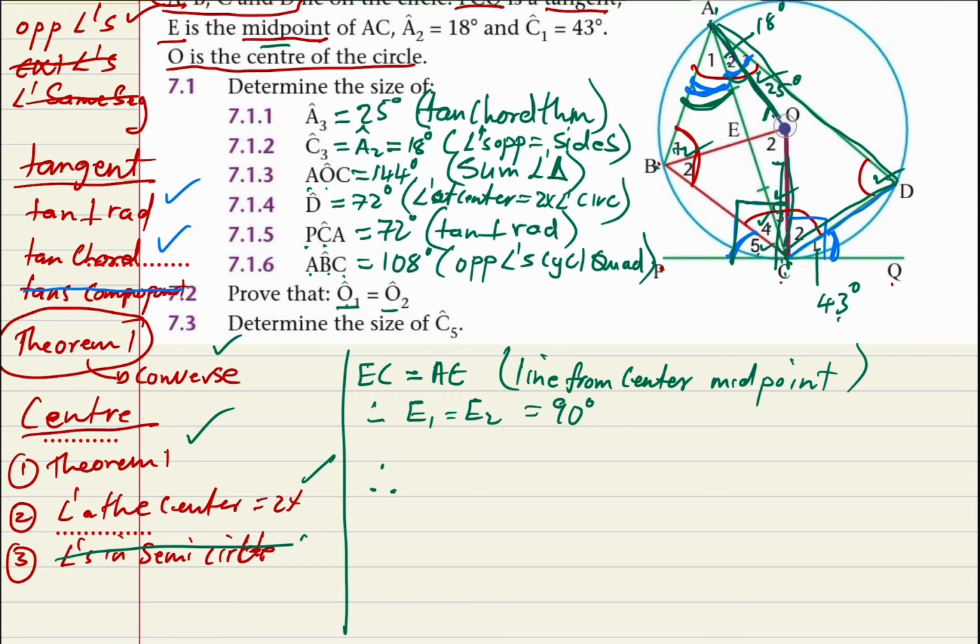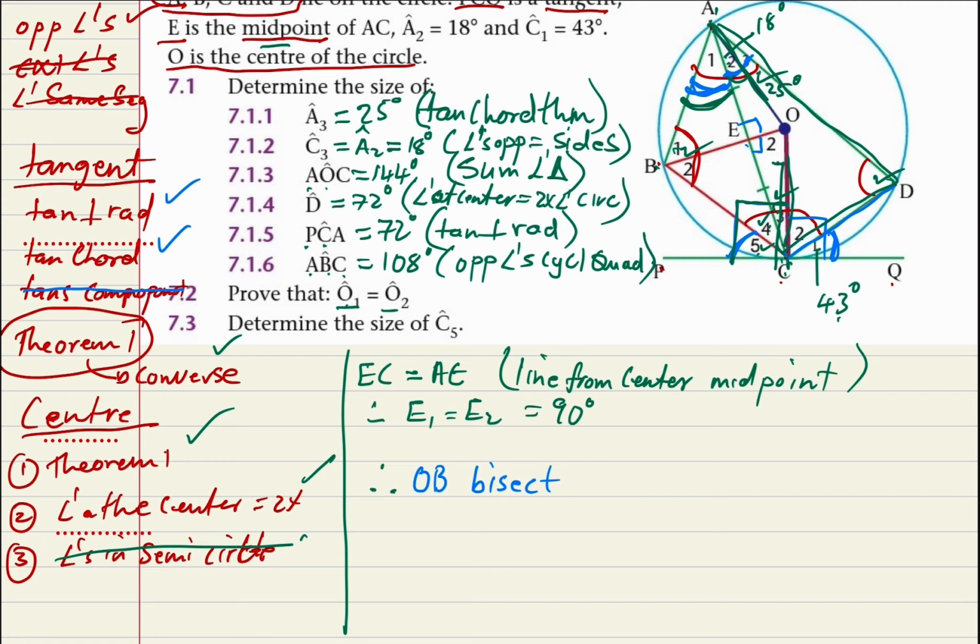Maybe you might not see what I'm trying to say here. If this is 90 degrees here and this is 90 degrees, it means now I have this one and this one. That means therefore OB does bisect.